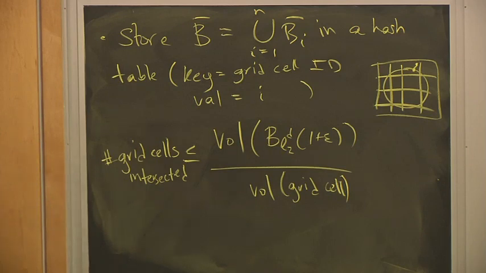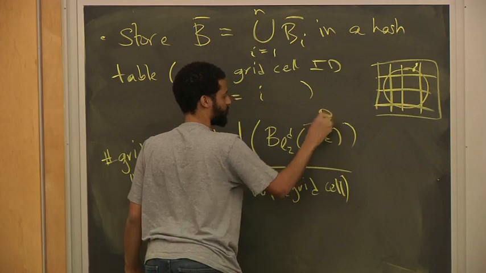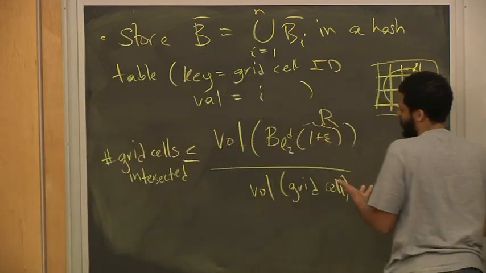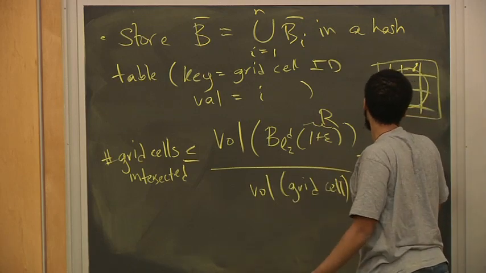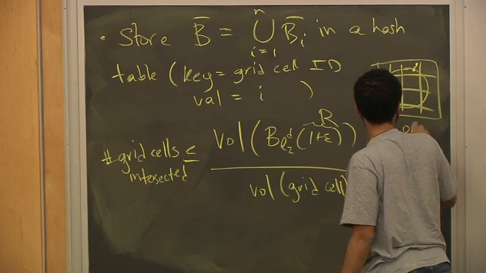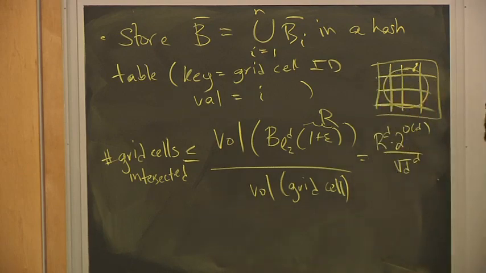You can look up in a book the volume of a unit L2 ball in d dimensions. That number behaves something like r to the d times 2 to the O of d over root d to the d. I'm just going to use that fact.